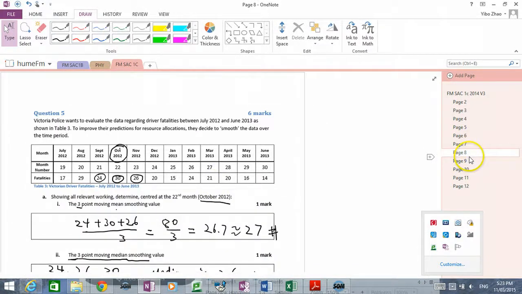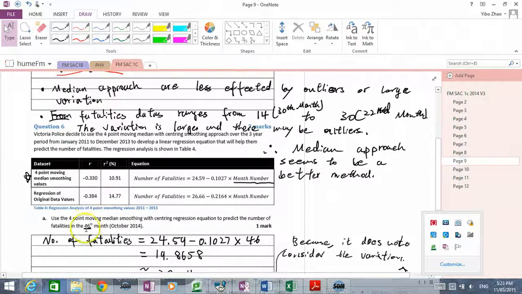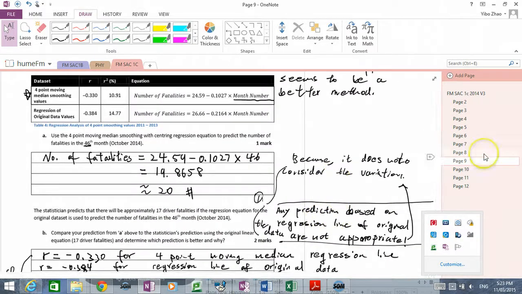If you look at the equation, the R value tells me the regression line of original data is more accurate. They're pretty much similar, but it's more accurate. However, we cannot use the regression of original data because it doesn't consider any variation.